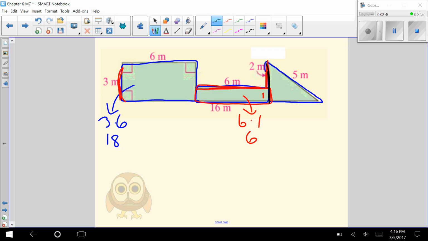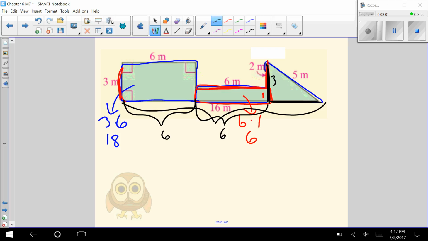We know that this height has to be 3 because it's the same as the height over on the left. But we need to find our base here. This whole long side is 16, and I know that this piece over here is 6. I also know that this piece in the middle is 6.